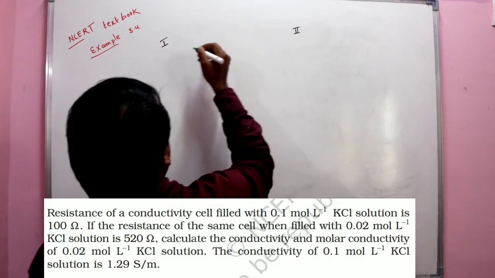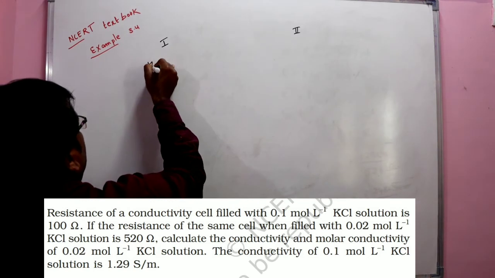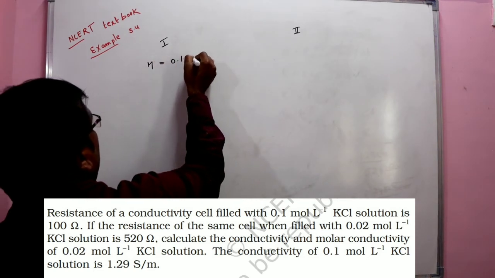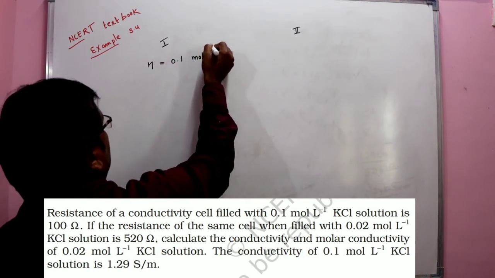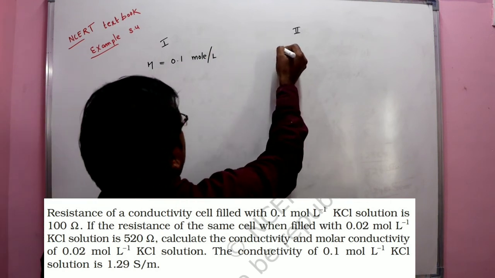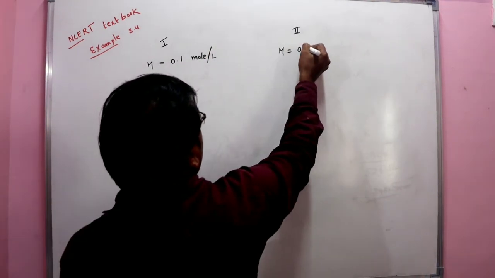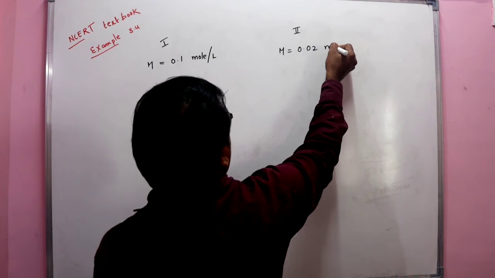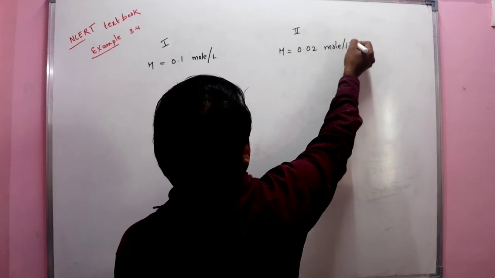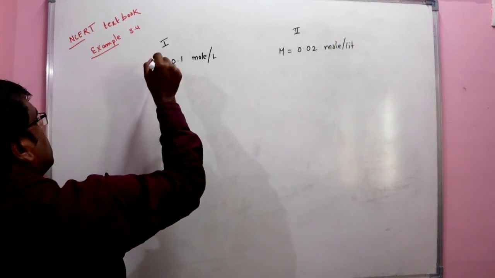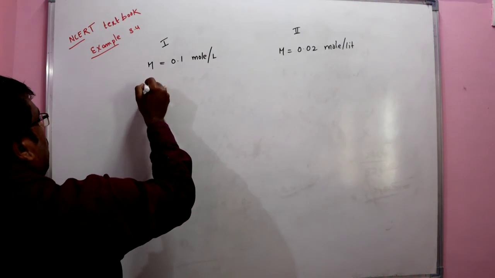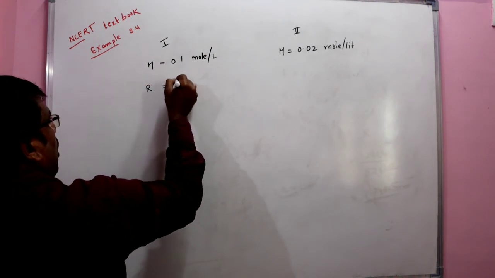So, first solution and second solution. First solution, concentration how much did they give? 0.1 mole per liter. Second solution, molarity is equal to 0.02 mole per liter. Next, in the first solution, resistance R is equal to 100 ohm.